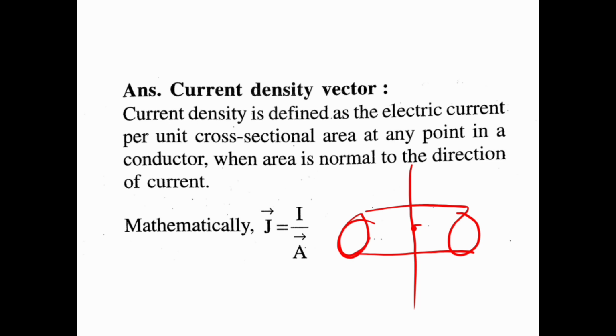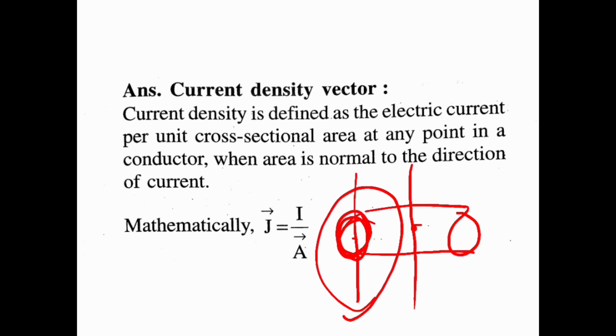If this is a cross section area and at this point we have to determine the current density vector, then the electric current will be perpendicular or normal to that point. Then we determine the current density vector.